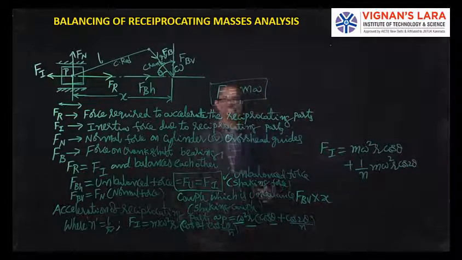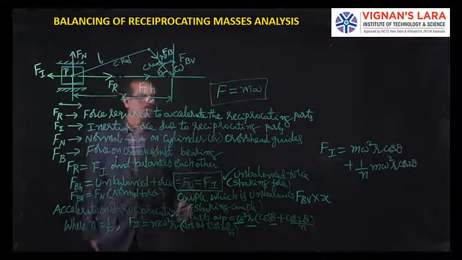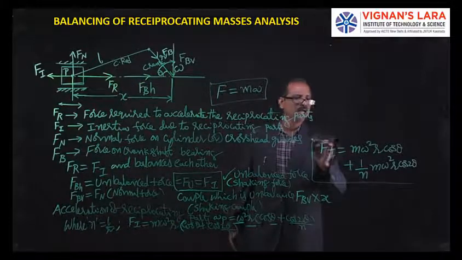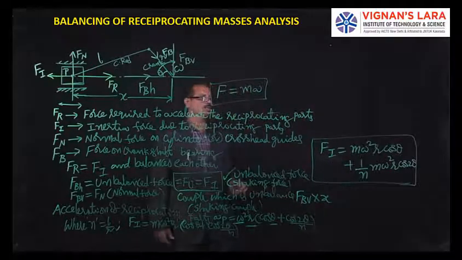So the inertia force which we have written here, which is the unbalanced force Fu, is nothing but m omega square r cos theta plus 1 by n m omega square r cos 2 theta.